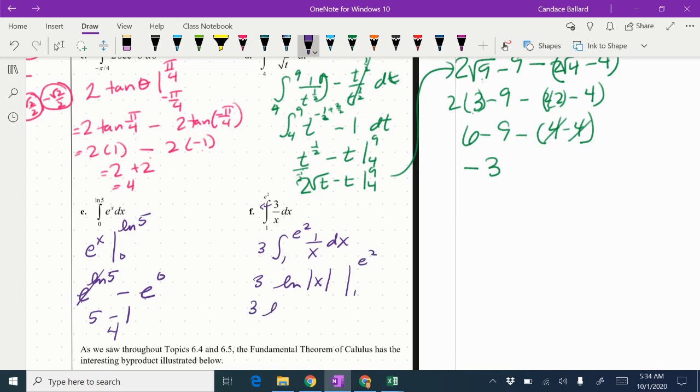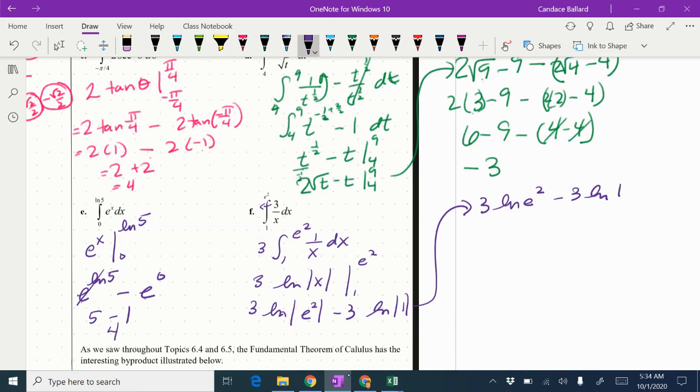So we've got 3 natural log absolute value of e squared minus 3 natural log absolute value of 1. We could just drop our absolute values because everything's going to be positive. So 3 natural log of e squared minus 3 natural log of 1.